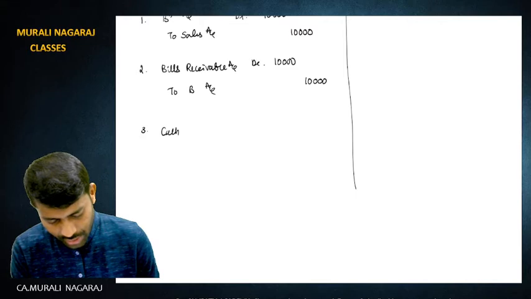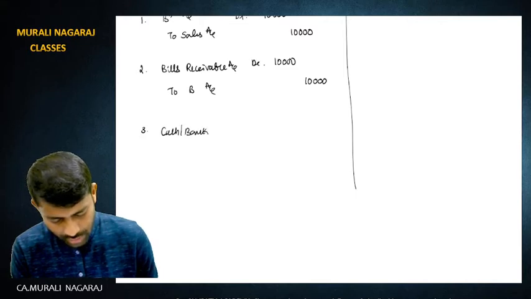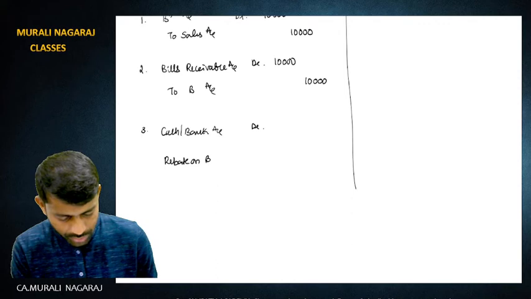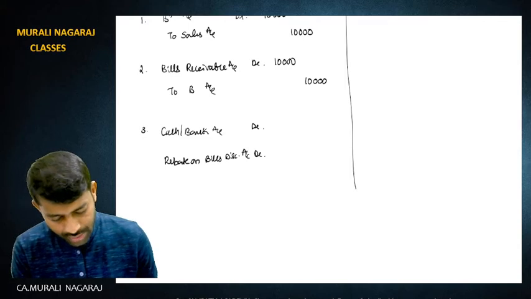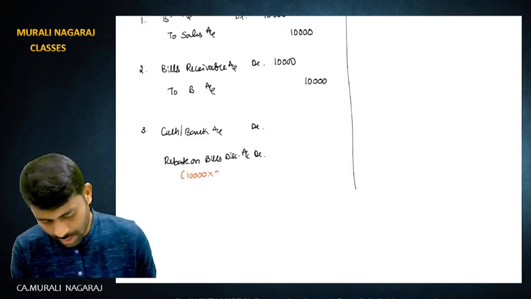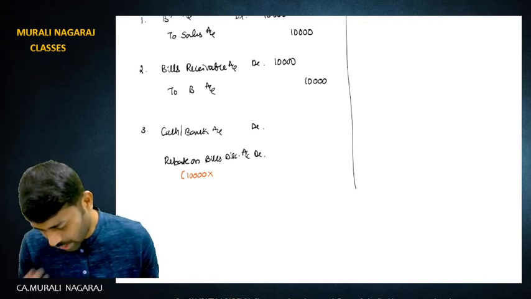So the entry on maturity, my dear friends, is cash or bank account debit. Let us wait. Rebate on bills discount account debit. How much is it? 10,000 rupees with a rebate of 12%.